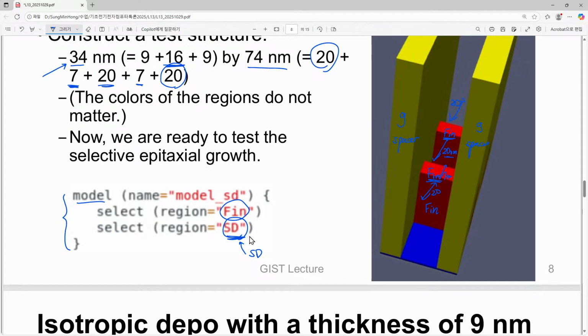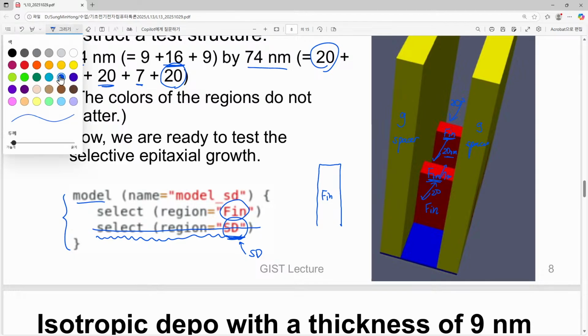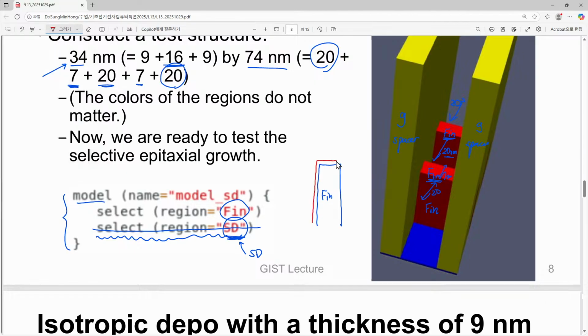The point is we need to add this one. For example, here originally we have a fin, and if we do not include this source and drain, then it is expected that one layer of our added source drain will be added. After that, it tries to add another layer, but it cannot find the fin. It just finds the source and drain.